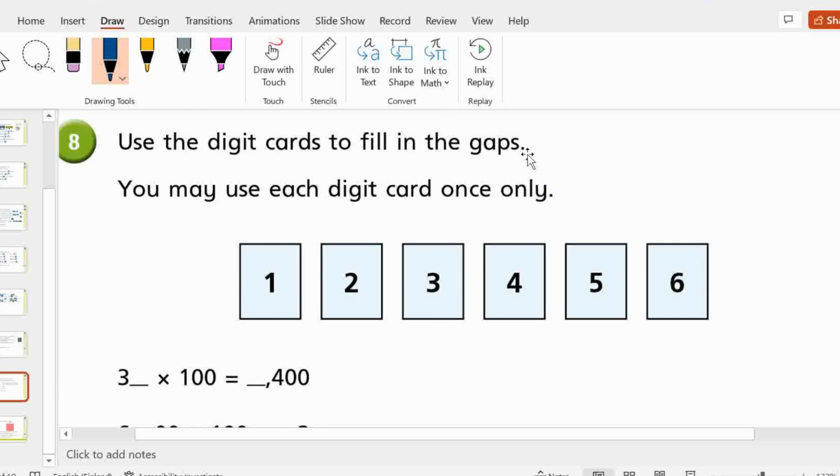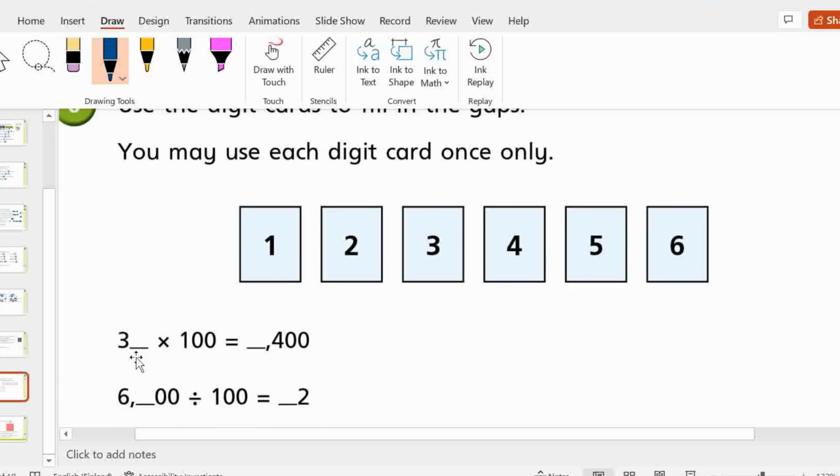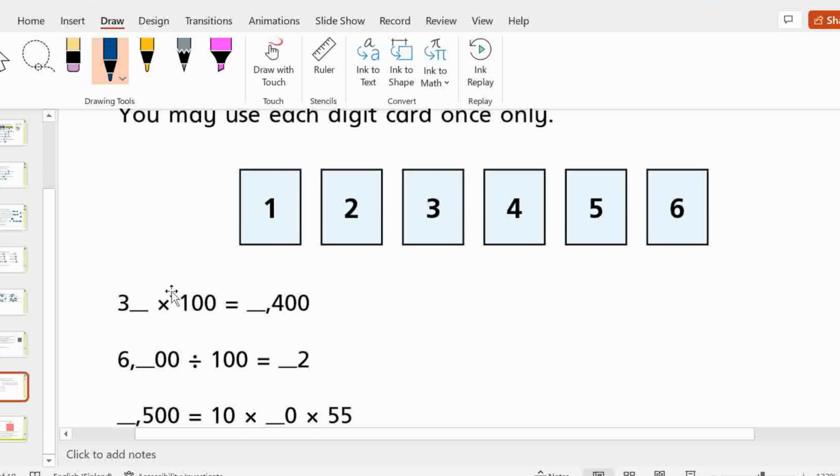Use the digit cards to fill in the gaps. You may use each digit card only once. So here, you need to choose which number would fit best here and here. Right, so this is maybe a little bit tricky, but the clue is here you have 3. So this is 30. Let's just say it's 30. We don't know what this number is, so we'll just leave it as 0.